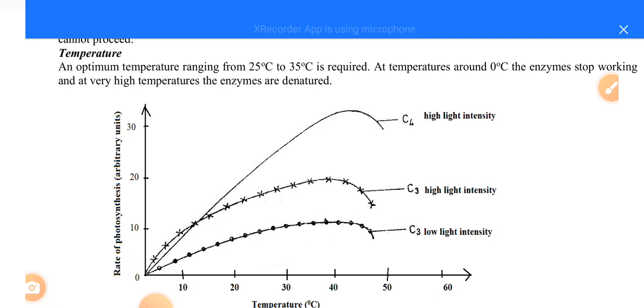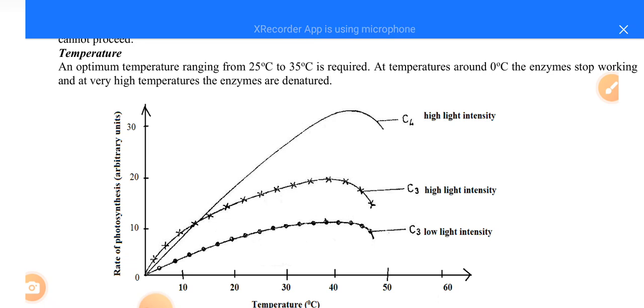Then observation 4: there is an initial increase in photosynthetic rate to a maximum of about 40 to 42 degrees in spite of further increase in what? In the temperature. The explanation is that light intensity now becomes a limiting factor.